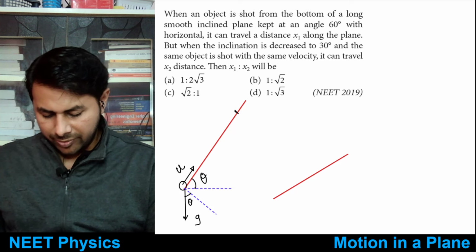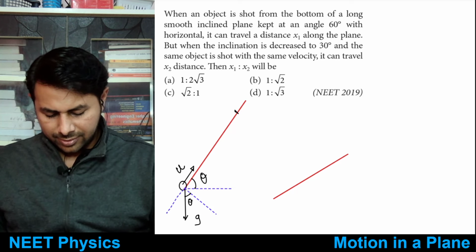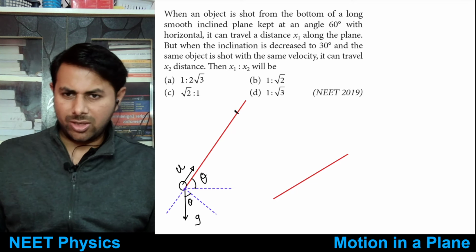If you remember what we covered in the last lecture, the component along the plane would be g cos theta or g sin theta.